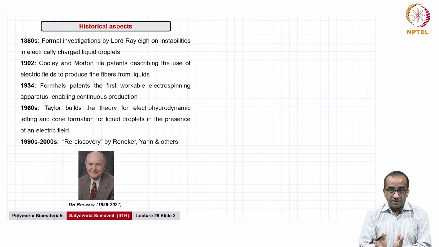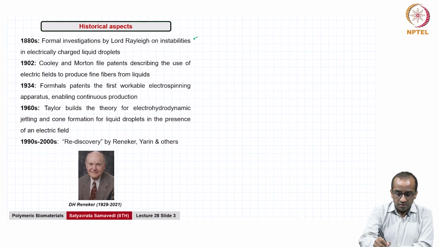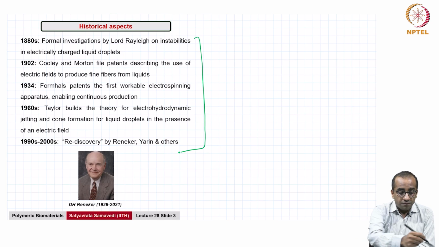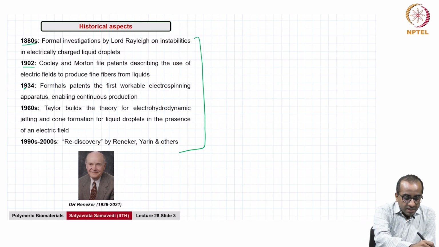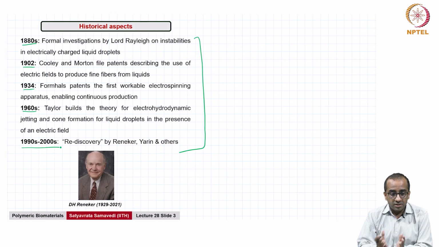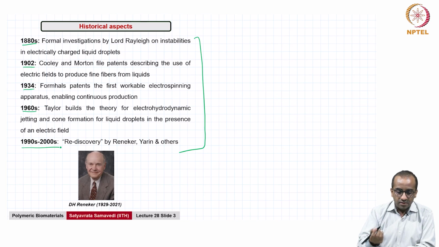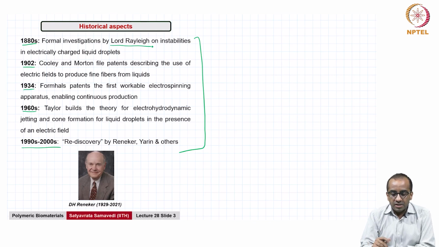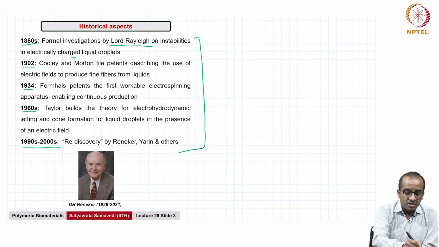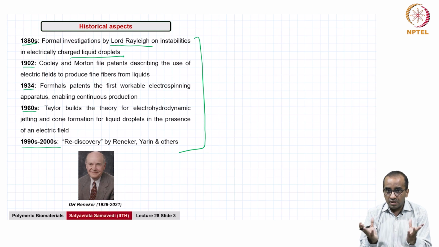Electrospinning is a very popular process today, but it's by no means a very new process. Shown here is a timeline of some key aspects associated with electrospinning. In the 1880s, we see that Rayleigh had conducted formal investigations on instabilities in electrically charged liquid droplets and had looked at breakup.